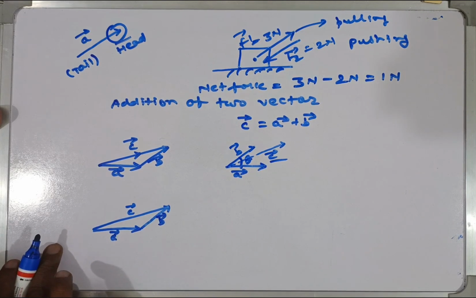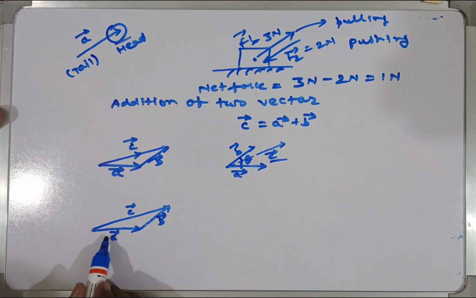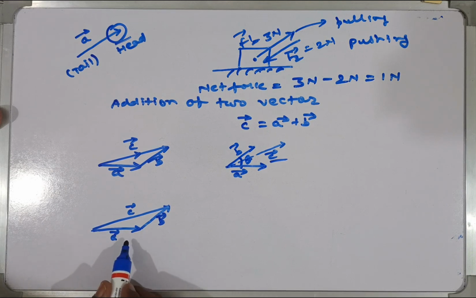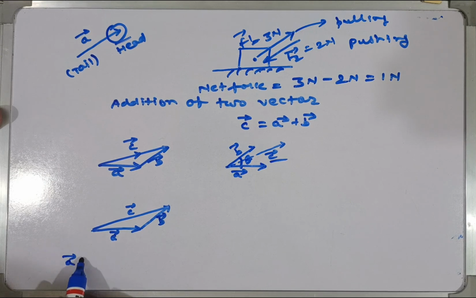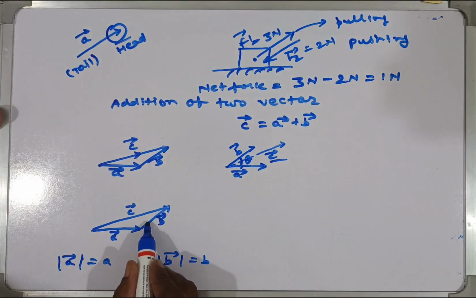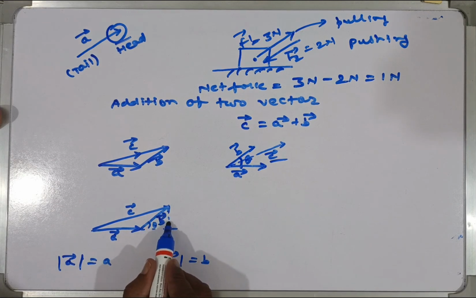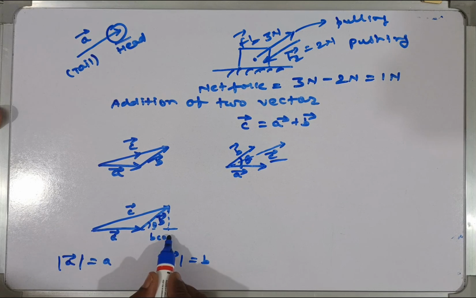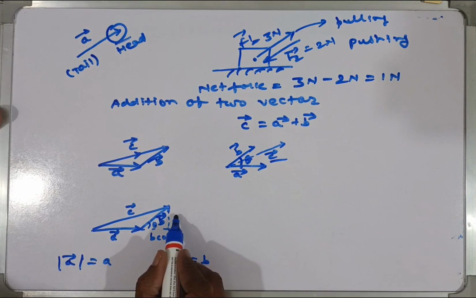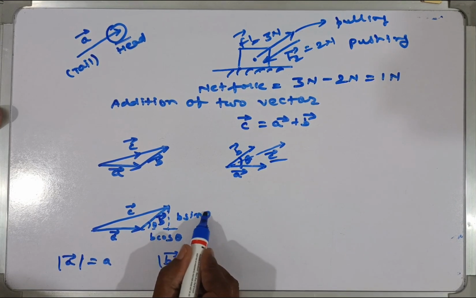Now suppose A vector has magnitude A and B vector has magnitude B, and this angle is theta. Then this is now a right angle triangle, so this is B cos theta and this is B sin theta.